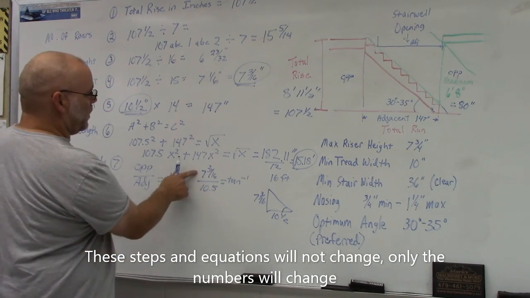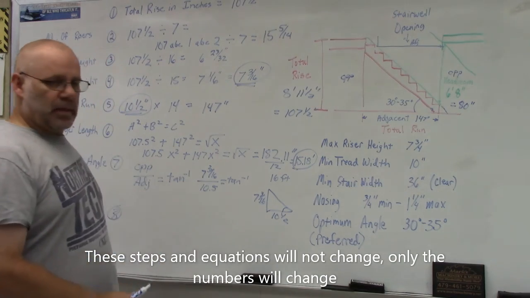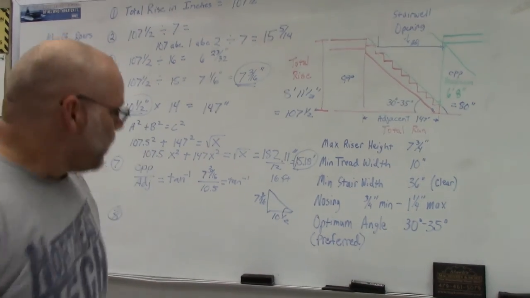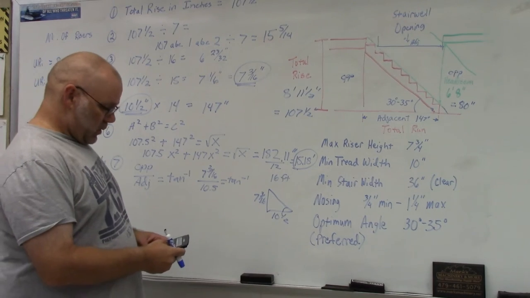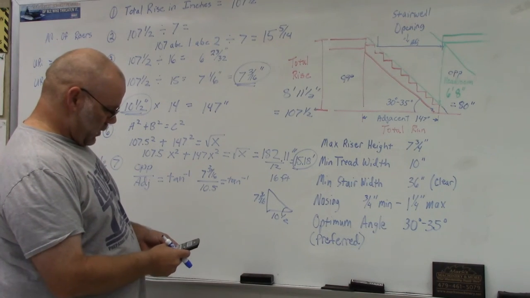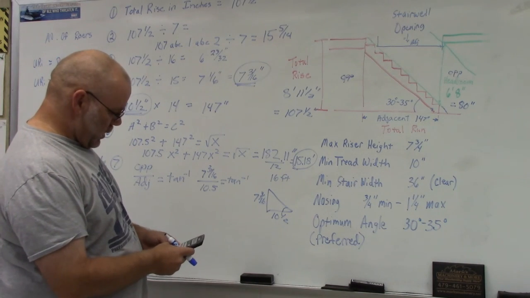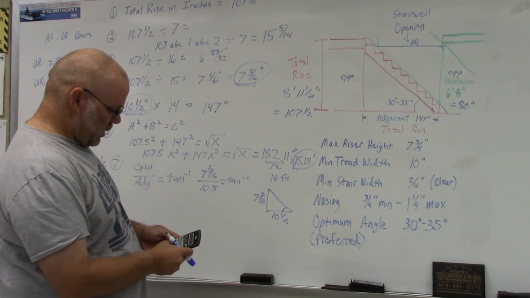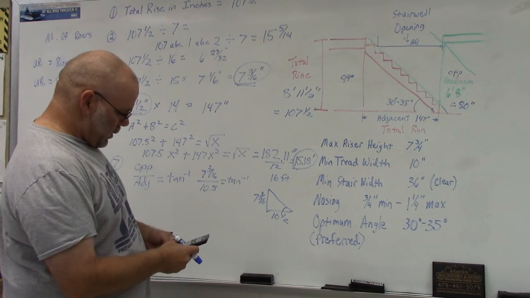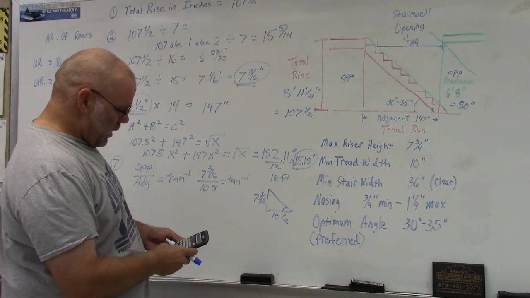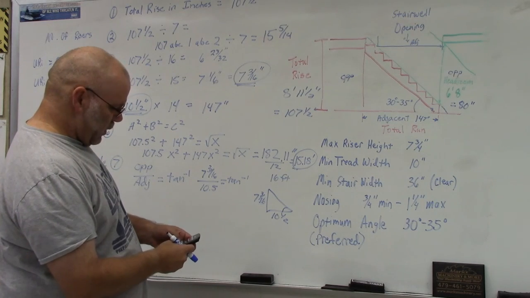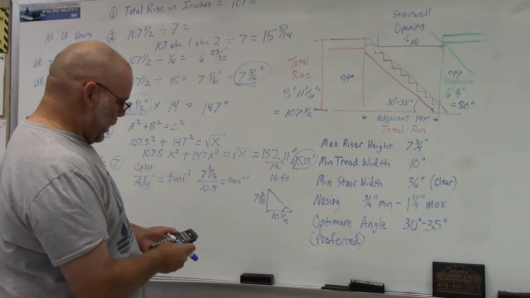So 7 and 3/16 divided by 10.5 equals shift tangent.